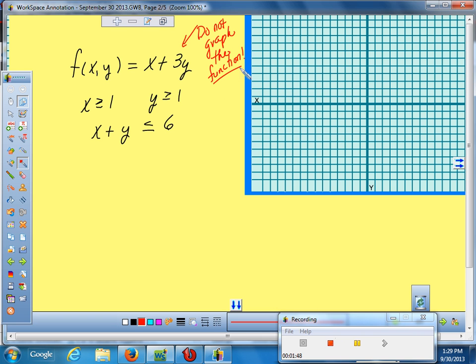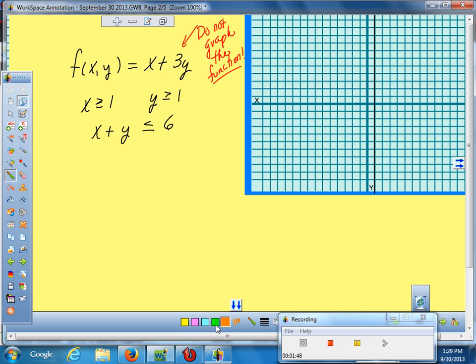So, how do I graph x is greater than or equal to 1? What kind of line is x equals 1? It's a vertical line. So we will put a vertical line down at 1. It's an equal sign, so it's going to be solid. For the most part, you'll find these are going to be solid. Which side would you be shading if x is greater than or equal to 1?